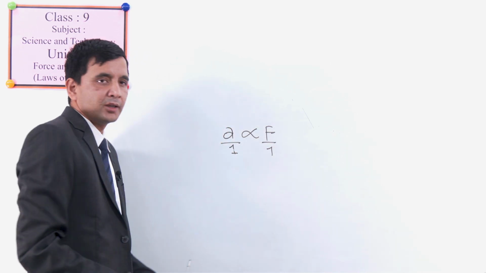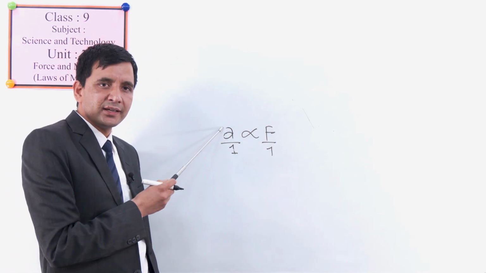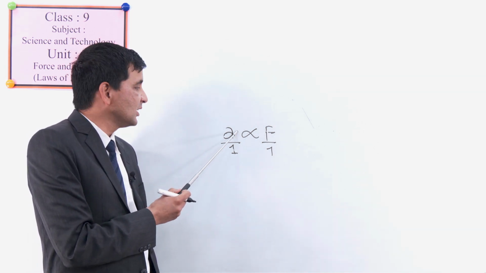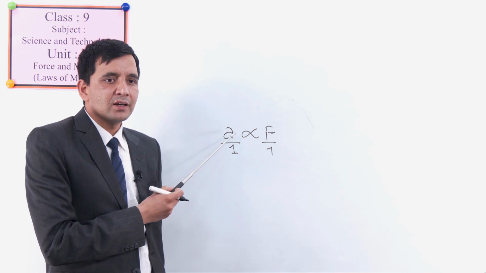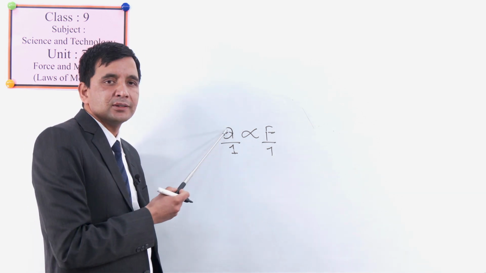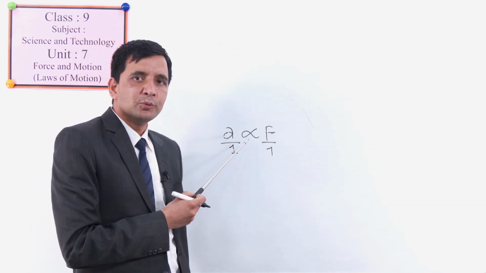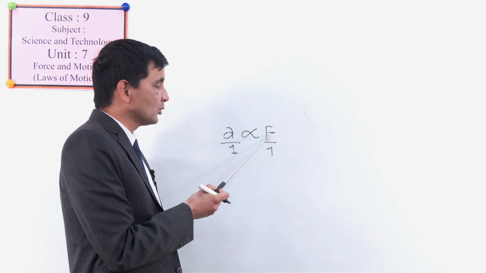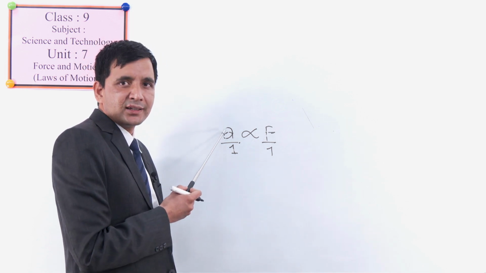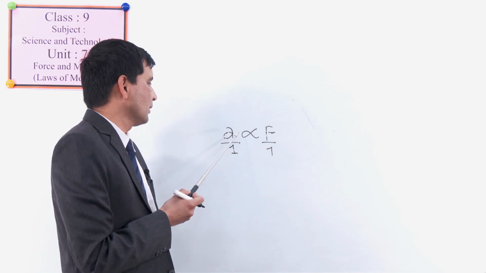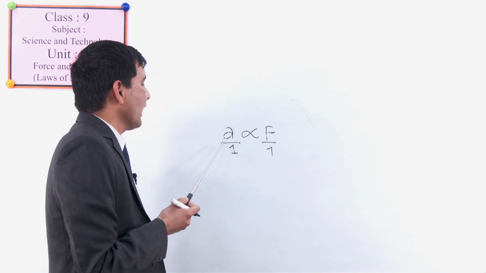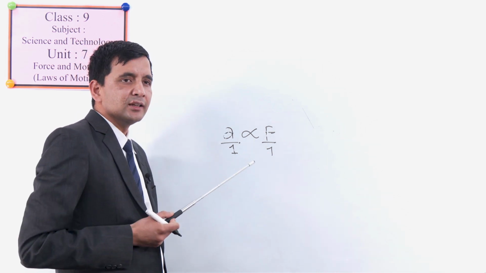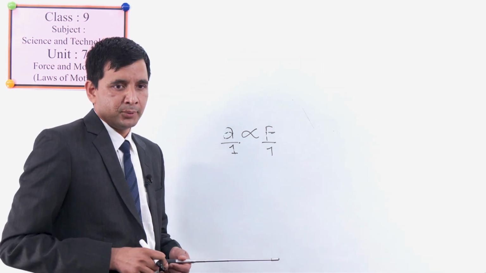Acceleration and force both are in the position of numerator. So, if they appear in the numerator, these variables are called directly proportional, which means that with the increase in force acting on the body, acceleration is increasing. It means that acceleration is increased with the increase in force acting on the body.